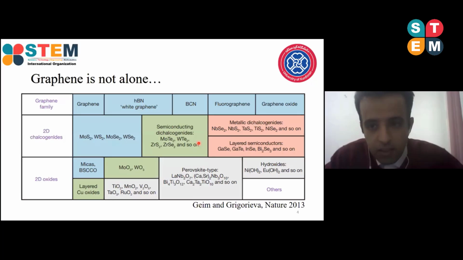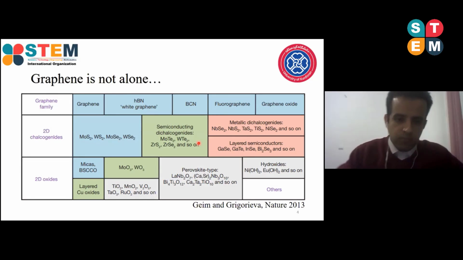But the good news is that graphene is not alone. Today we have many different 2D materials beyond graphene, especially the TMDs or metal oxides, or also perovskite structures that are suitable mostly for solar cell capturing.